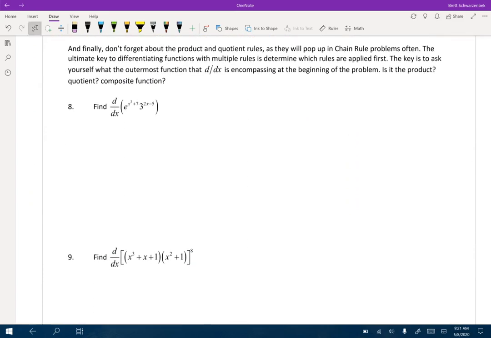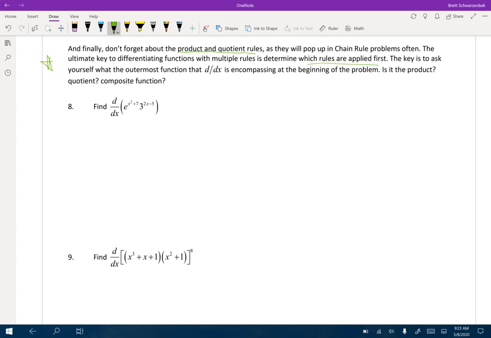Okay, so the last page of section 3.7 here is the crazy page. So I'm going to read this, and as you start to get nervous, it says, finally, don't forget about the product and the quotient rules, as they will pop up in chain rule problems often. The ultimate key to differentiating functions with multiple rules is to determine which rules are applied first.